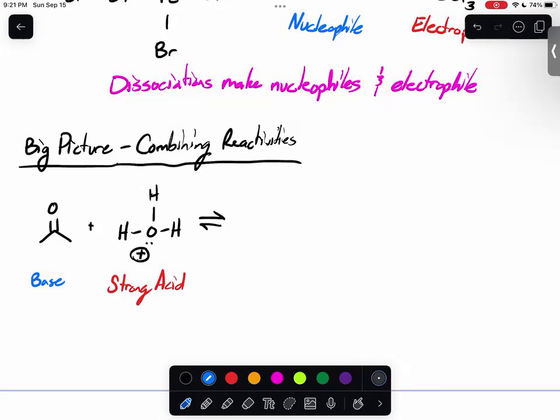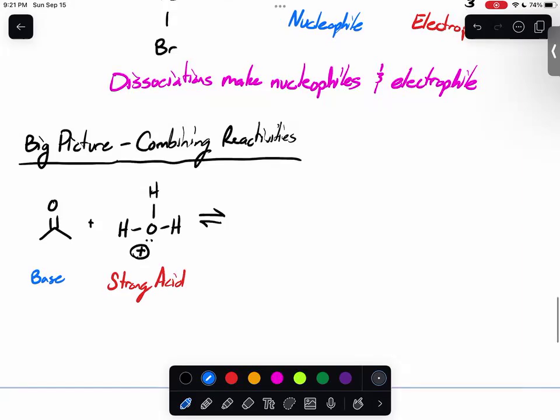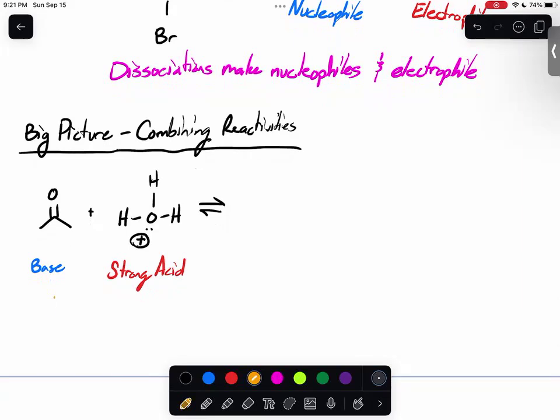And so this first thing that we're seeing here that's about to happen is an example of a Bronsted acid-base reaction, right? Where our base is going to come on over, grab a proton, give electrons back to whatever atom it's attached to, in this case, the oxygen, and it's going to generate a set of products, right?